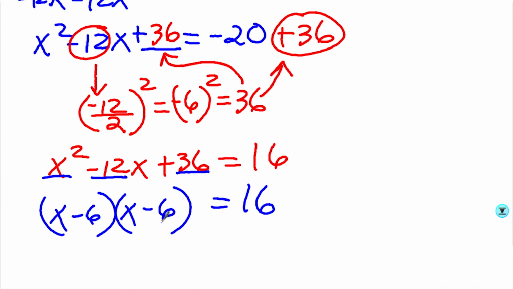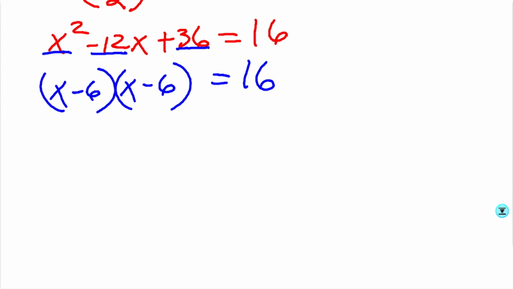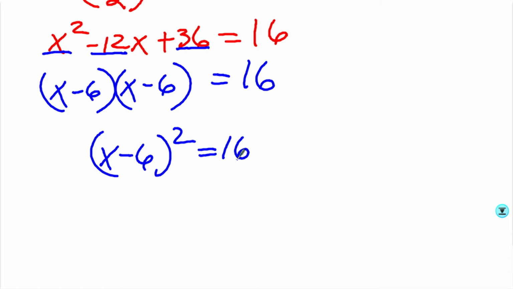Just a few more steps and we about have this solution complete. So we rewrite the two binomials as x minus 6 quantity squared is equal to 16. Now, our goal, remember, is to solve this. So in order to solve that, notice the square that I have. That is an indicator that I need to take the square root of both sides.